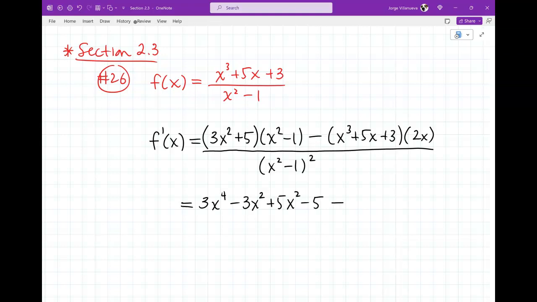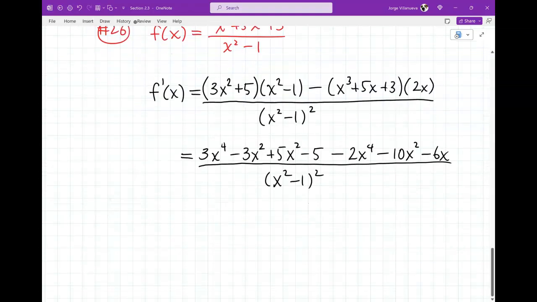Minus, it's going to make everything negative here, so it's going to be 2x to the 4th minus 10x squared minus 6x. The bottom, I'm okay leaving it like this because by expanding it, I don't think I'm going to gain anything from it. So I'm just going to leave it alone.